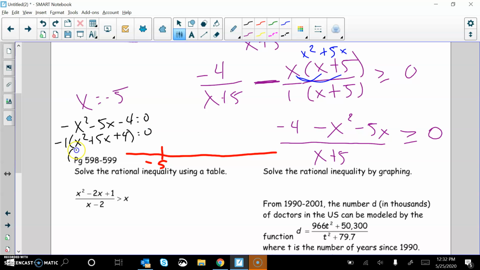All right, this one's going to factor out nicely. x plus 4, x plus 1. Okay, so my numerator is equal to 0 when you plug in -4 and -1. Denominator is equal to 0 at -5.